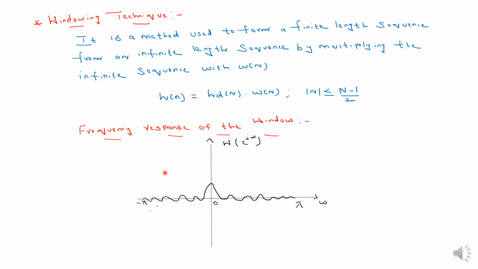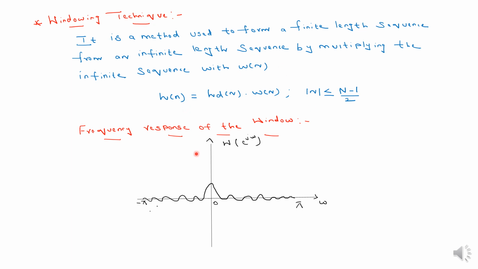When we multiply h suffix d of n with the window sequence for the range mod n less than or equal to (N minus 1) by 2, we arrive at the finite duration sequence h of n.